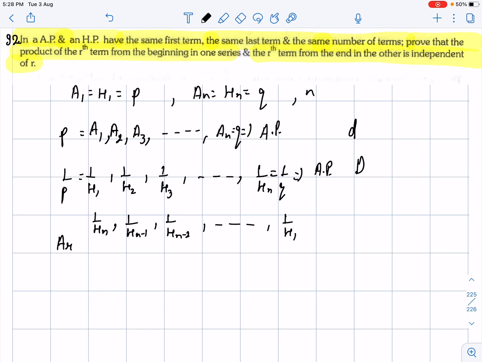The rth term from the beginning of this reversed AP will be the rth term from the end in the original AP, and its reciprocal would be the rth term from the end of that HP. So first and foremost, we have to compute the values of small d and capital D.